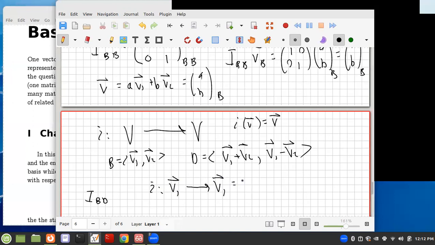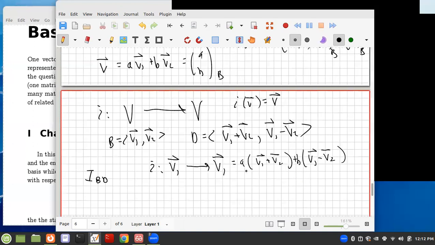Well, we have to say it's A times (V1 plus V2) plus B times (V1 minus V2). Now, we want to choose A and B so we get V1, right? If you look at this, V2 is going to cancel out if I choose A equal to B, because I've got a plus V2 here and a minus V2 here.